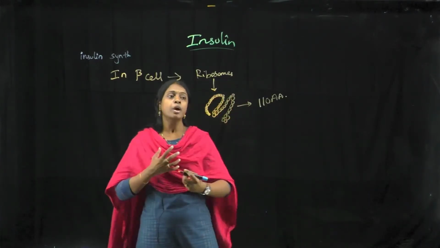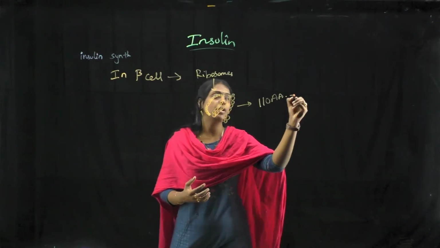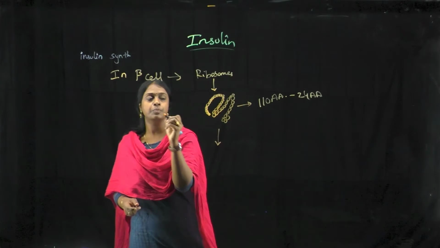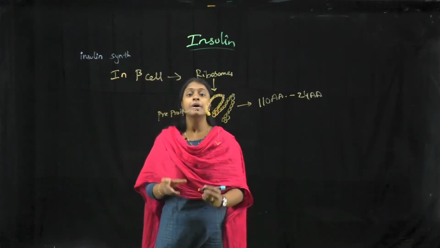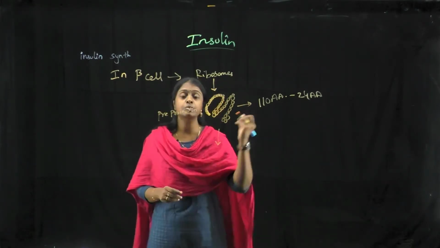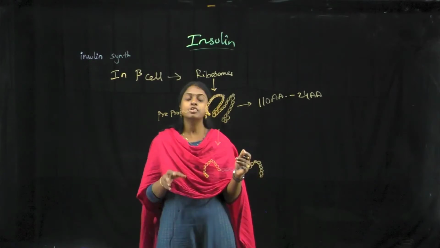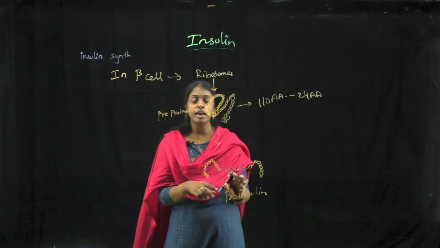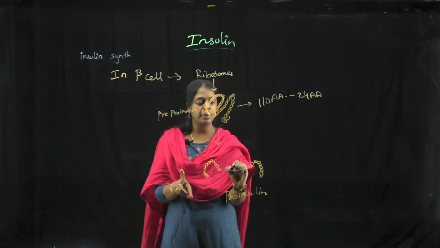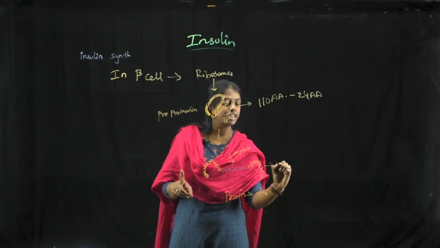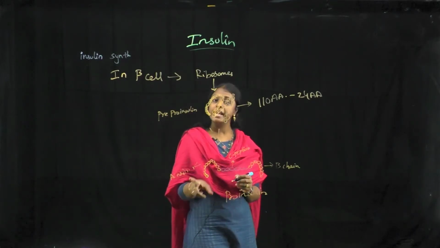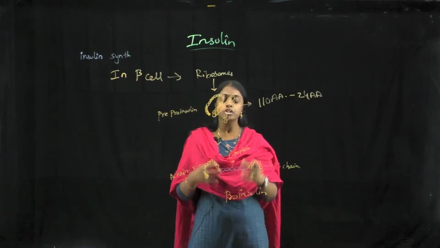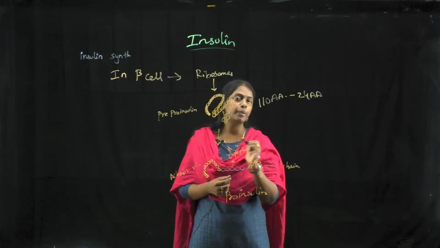By losing 24 amino acids, pre-proinsulin becomes proinsulin. In proinsulin, you have three types of chain: the A chain, the B chain, and the C peptide. The B chain and A chain are joined with the help of the C peptide.